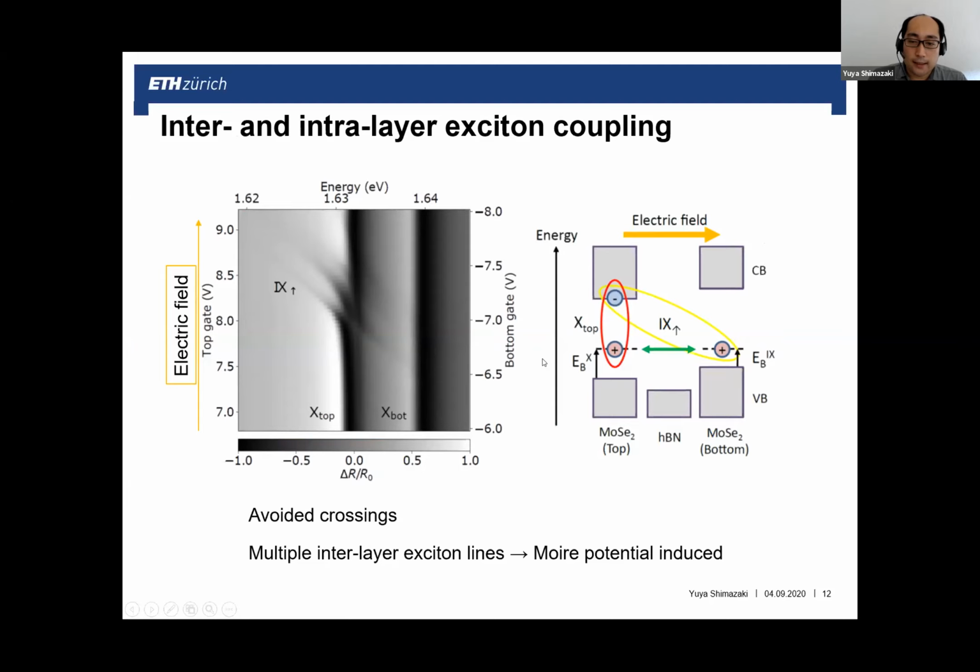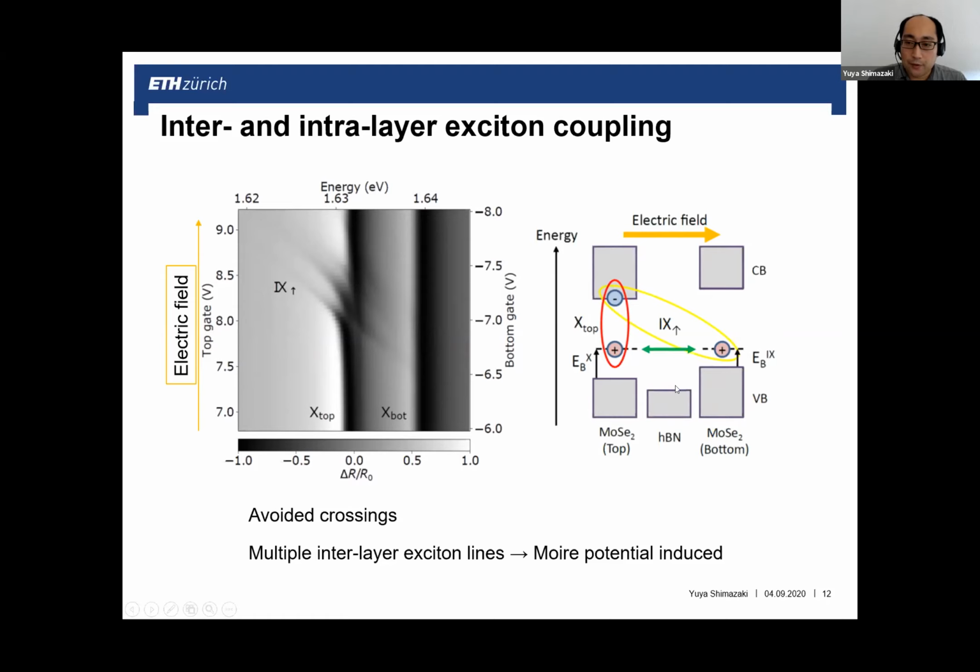This tells us that there is a strong hybridization between this intralayer top exciton and the interlayer exciton, which has a hole on the bottom layer. So this means that the holes in the bottom layer and the top layer hybridize through the boron nitride barrier.